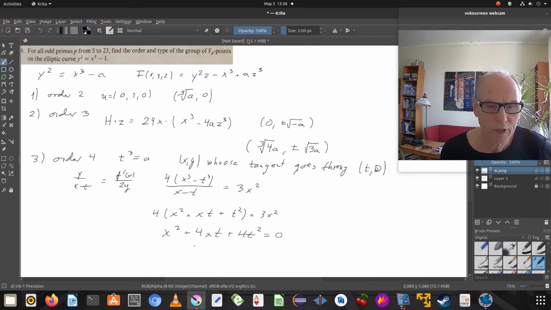What do we have here? It must be a homogeneous equation, of course, because this expression is homogeneous. And we take the discriminant.